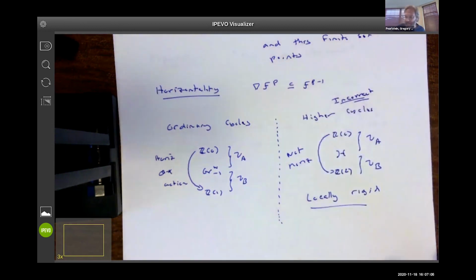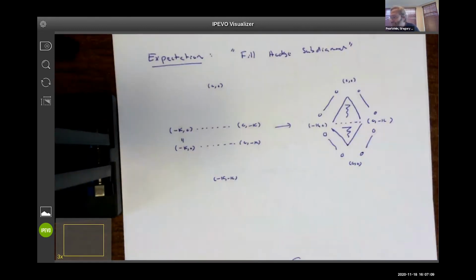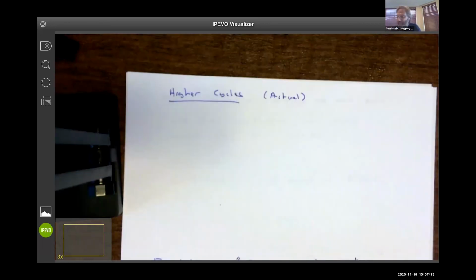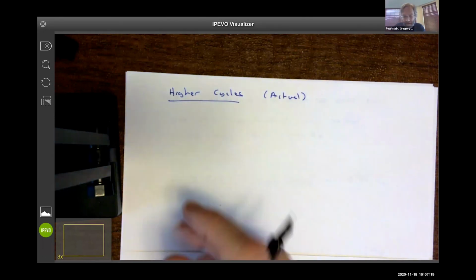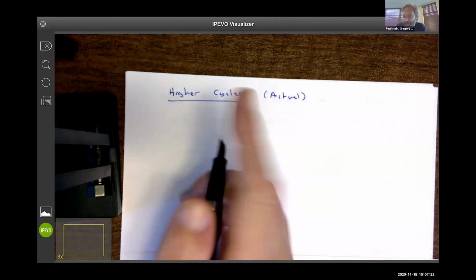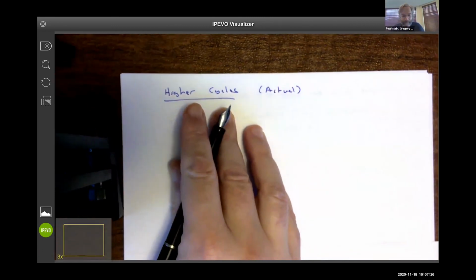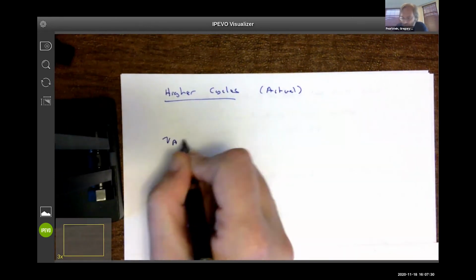Okay. So, what actually happens when we're gluing together these higher cycles? Okay, what happens is we have our higher normal function here.